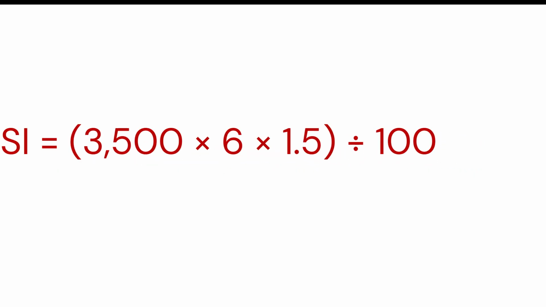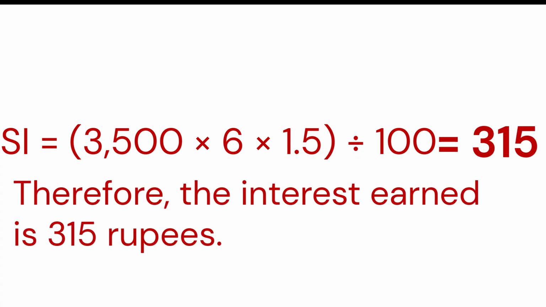SI equals 3,500 times 6 times 1.5, where 3,500 is the P, principal, 6 is the rate of interest per year, and 1.5 is the time in years. Divided by 100 equals 315. Therefore, the interest earned is 315 rupees.